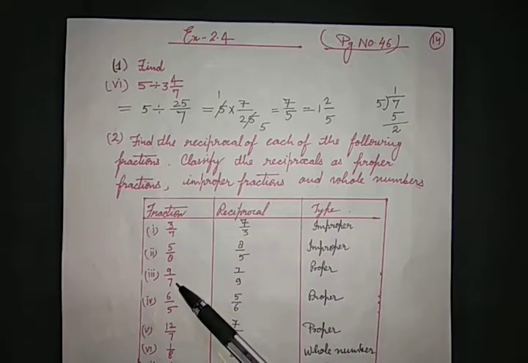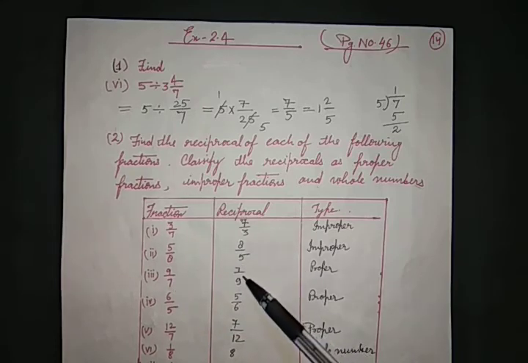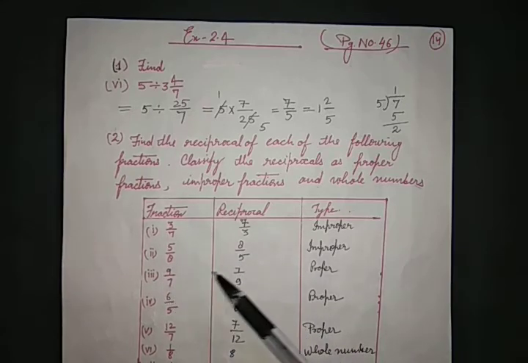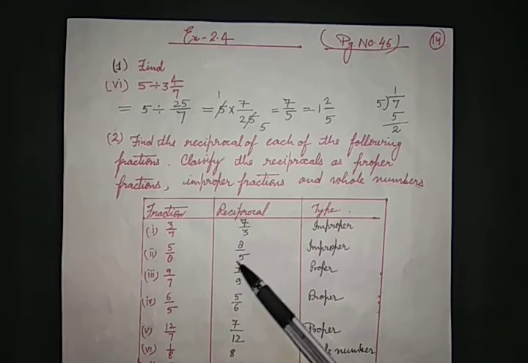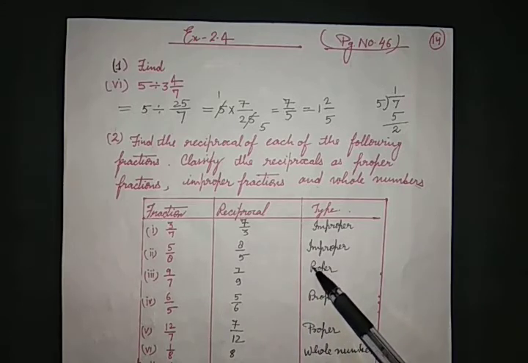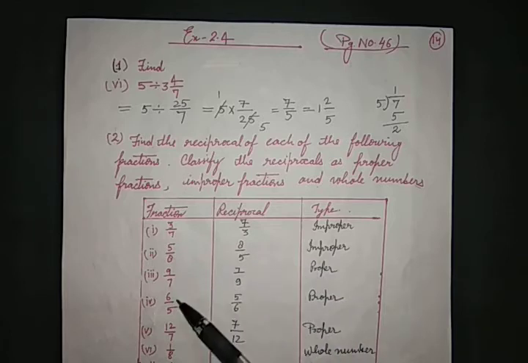In the third one, fraction 9 upon 7. Reciprocal of 9 upon 7 is 7 upon 9. Here the numerator is smaller than the denominator. So which type of fraction is this? Proper fraction. And in the fourth part, 6 upon 5.